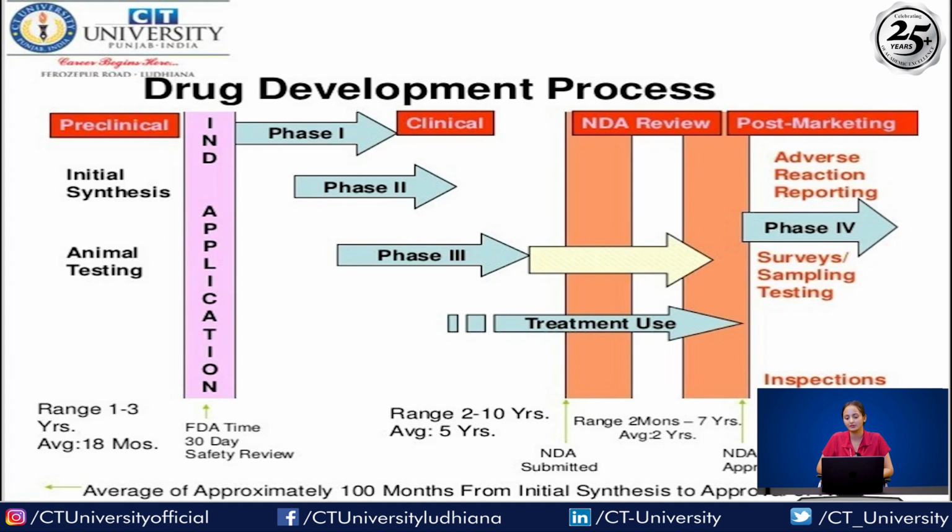It can take 2 to 10 years, so if we take an average, it is only 5 years. Then after that, you have to submit the NDA. After the NDA submission, they review your preclinical, phase 1, phase 2 and phase 3 details. Then after they go through all of this data, it goes for the phase 4 study.